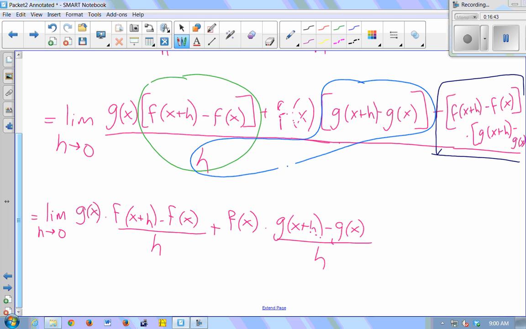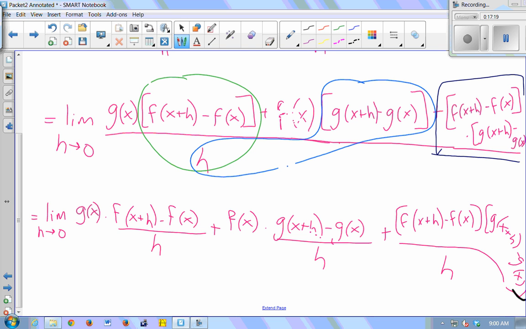I had h underneath two separate fractions. You can separate them and make it two fractions. It's just the rules of adding fractions. If you have like denominators, you can just add the tops and you would get back to this. Okay. And then this last bit is plus f of x plus h minus f of x times g of x plus h minus g of x. That's all over h squared.